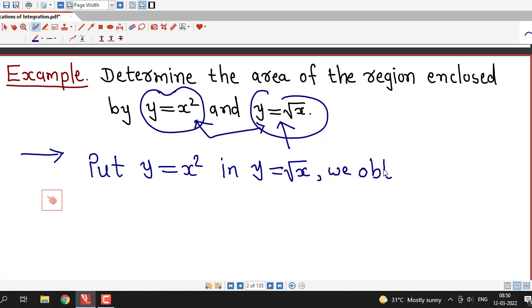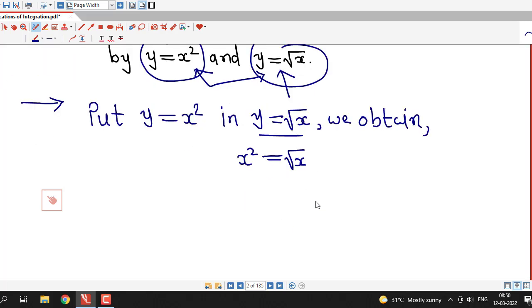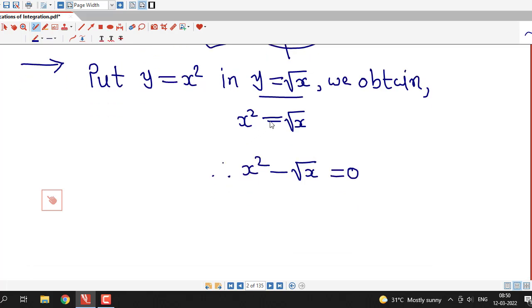So we try to solve this. We are taking y equal to x square in this equation. So this is going to be, therefore, x square minus square root of x equal to 0, because x can be 0 also, so we cannot cancel out square root of x.